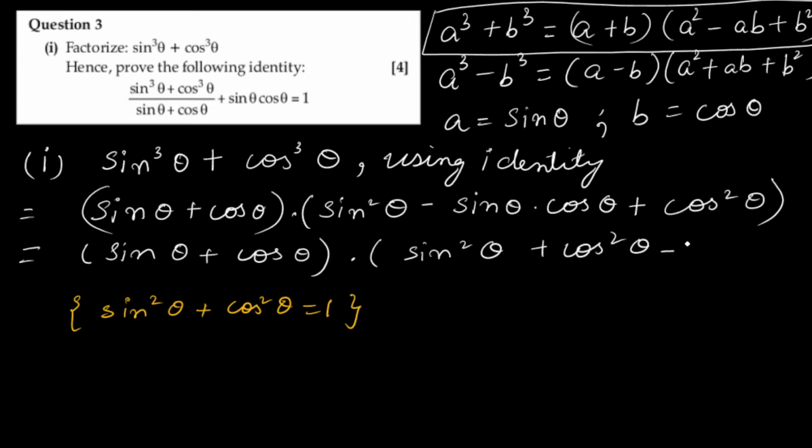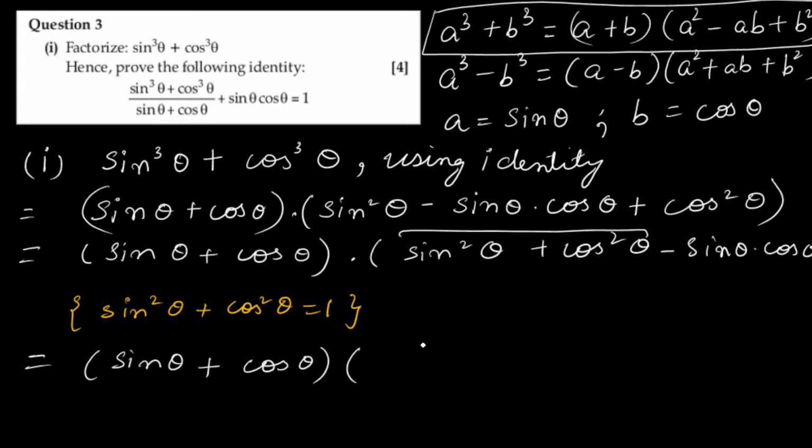I can rearrange the terms, minus sine theta into cos theta. Now here sine theta plus cos theta. See, for a 4-mark question, make sure you write each and every step. Now this sine square plus cos square, I will write as 1 minus sine theta into cos theta.